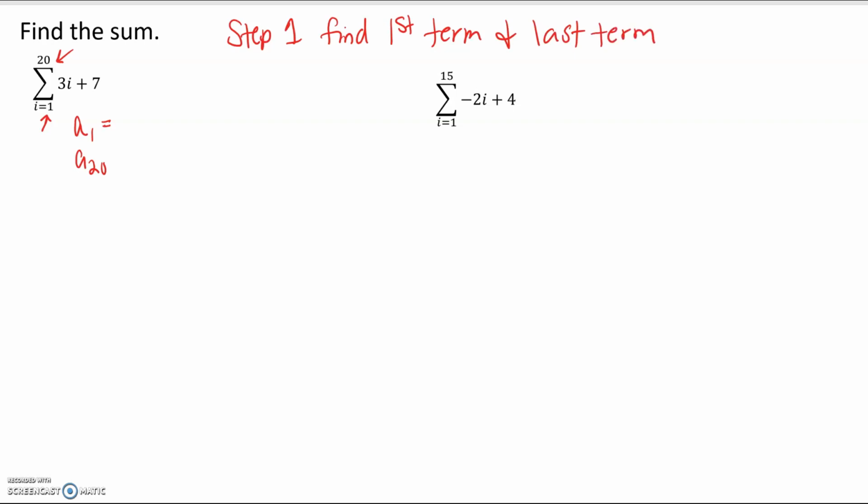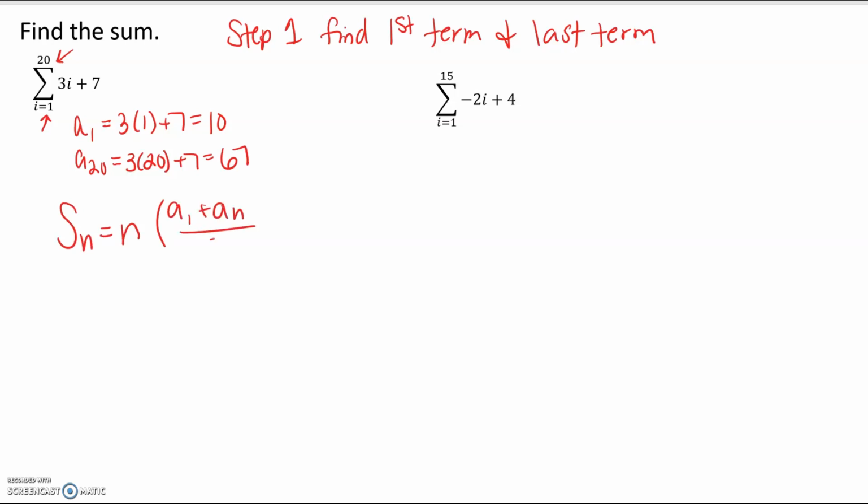So a sub 1 is me plugging a 1 into our rule and finding out that our first term is 10. And it says stop at 20, so a sub 20, I'm plugging in a 20 for that i and finding out that our 20th term is 67. Then I'm going to use that formula that was on the last slide.